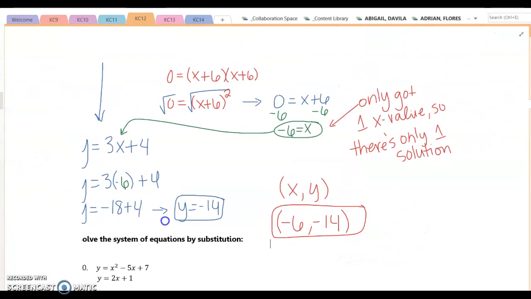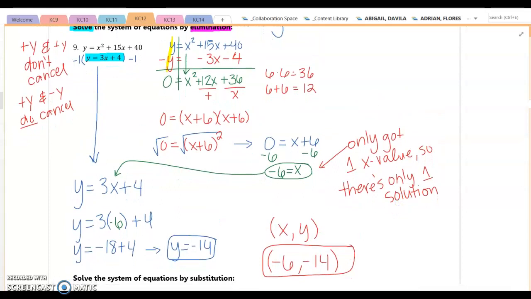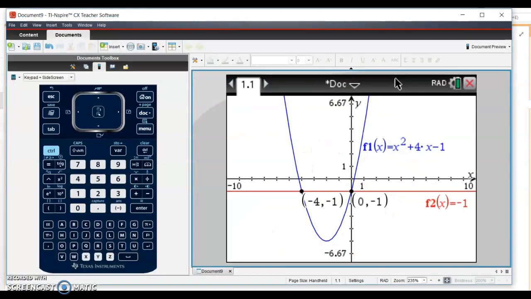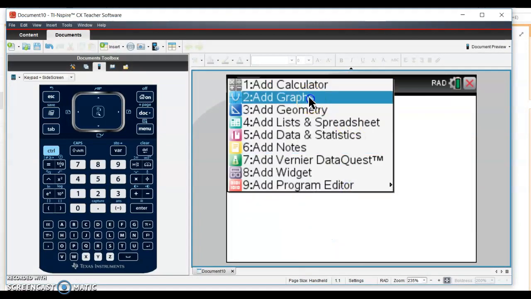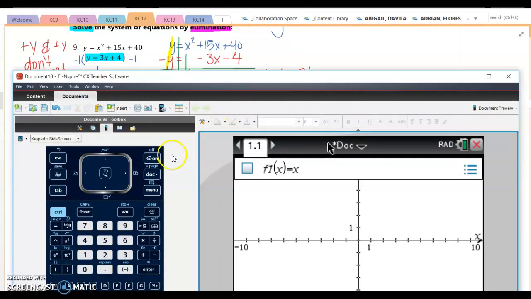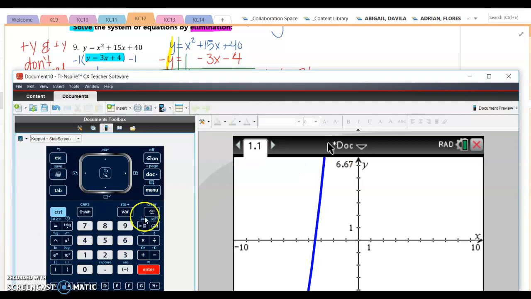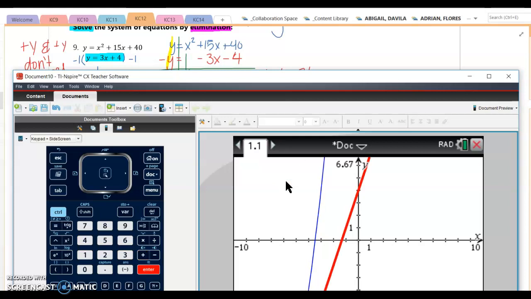Right? The cool thing is, for the test and all that, you do need to show your work on this one, but we do know that you can check your answer on the calculator, right? So if we go to the calculator and we have x squared plus 15x plus 40 is our first one, and then our second one is 3x plus 4.